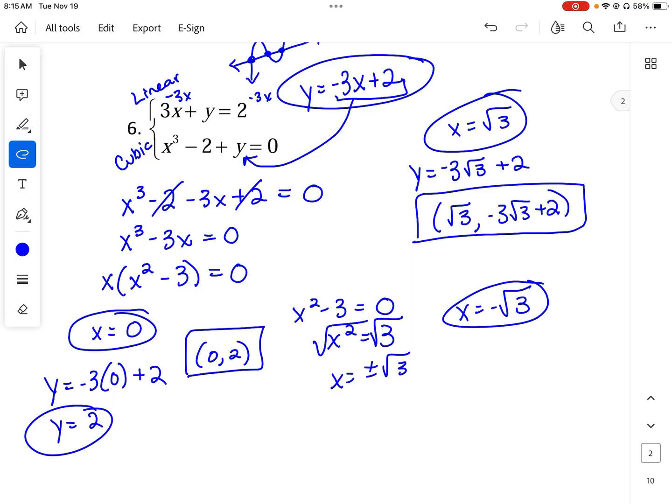So they're irrational, but that's okay. And then the next one is y equals negative 3 times negative square root of 3 plus 2. So y equals, that'd be positive 3 square root of 3 plus 2. So our solution would be negative square root of 3, and the y value is 3 square root of 3 plus 2.